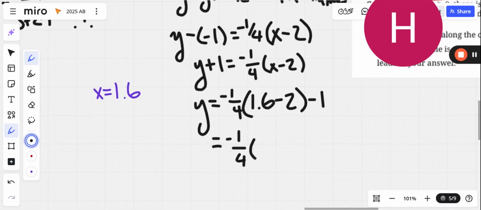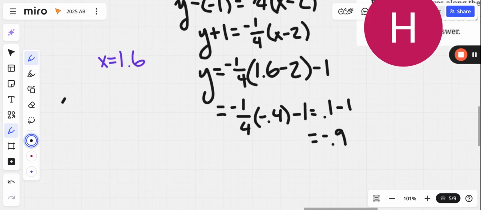So negative 1/4 of negative 0.4, that's pretty easy. That's going to be positive 0.1 minus 1, negative 0.9. So we would say that the y value is approximately negative 0.9.